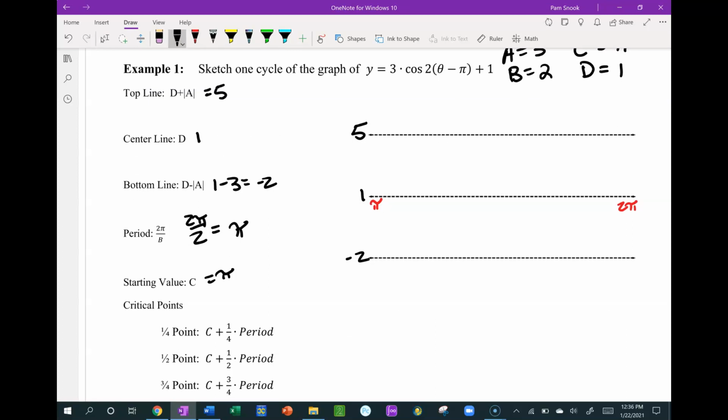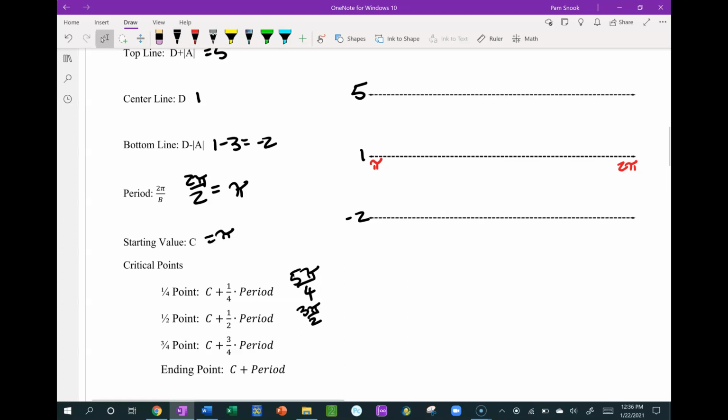C plus 1/4 period gives me pi plus 1/4 pi, so I get 5 pi over 4. And then C plus half a period is going to be pi plus pi over 2, so I get 3 pi over 2. C plus 3/4 of a period is going to be 7 pi over 4.